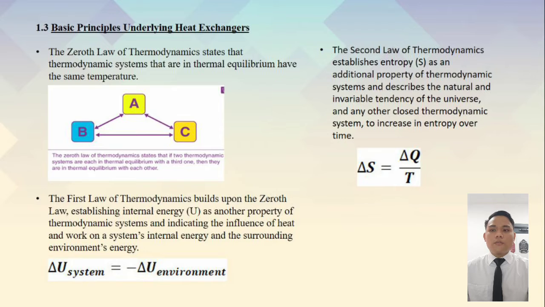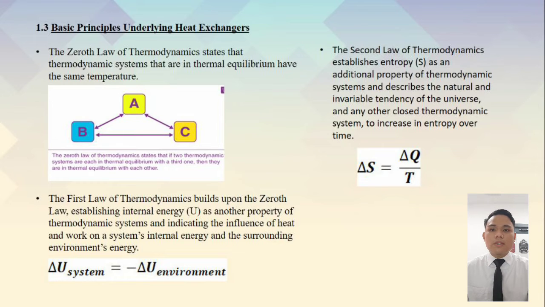First, the zeroth law of thermodynamics states that thermodynamic systems that are in thermal equilibrium have the same temperature, which is A equal to C, equal to B, equal to A. Second, the first law of thermodynamics builds upon the zeroth law, establishing internal energy U as another property of a thermodynamic system and indicating the influence of heat and work on system internal energy and the surrounding environment's energy: ΔU system equal negative ΔU environment.